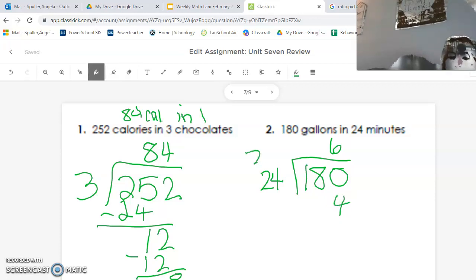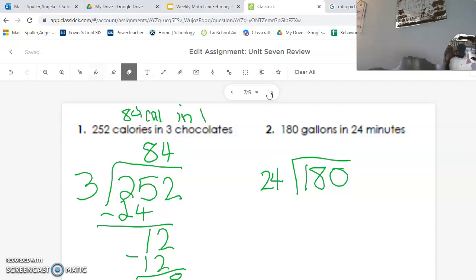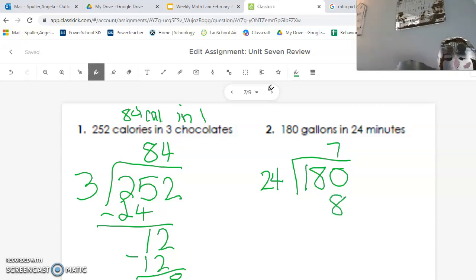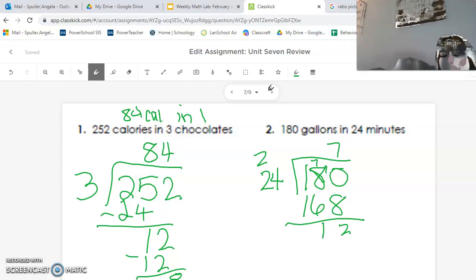Carry the 2. 12, 14. I think I can get even further, so let's try another one. How about 7 this time? 7 times 4 is 28. Carry the 2. That gives me 14, 15, 16, which gives me, if I borrow 2, 12 left over.